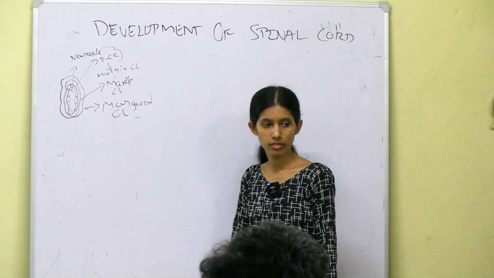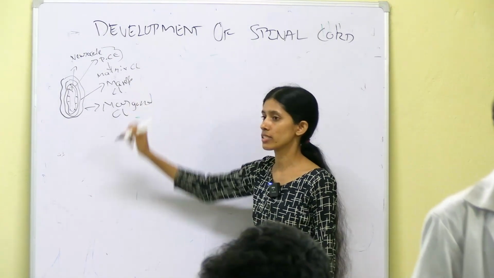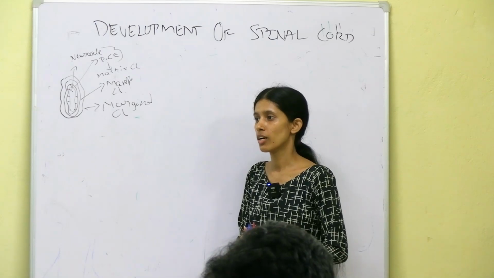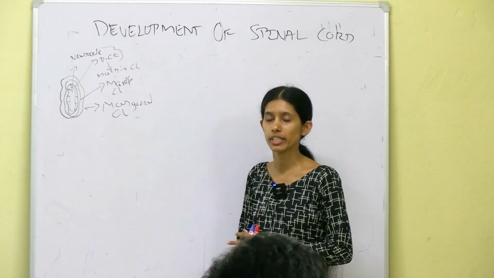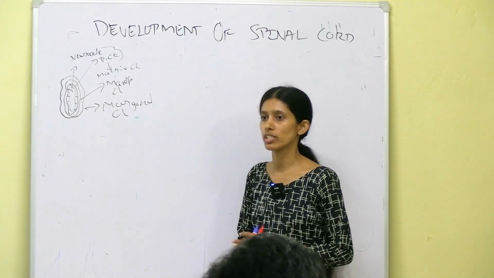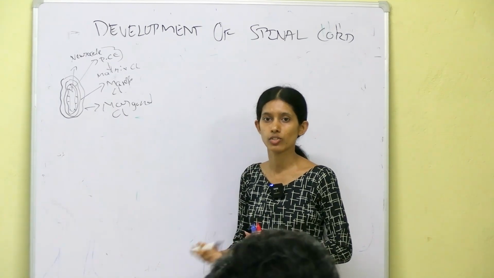Remember, the matrix cell layer is also called the ventricular zone, and the mantle cell layer is also called the intermediate zone, and the last marginal cell layer is also called the marginal zone.